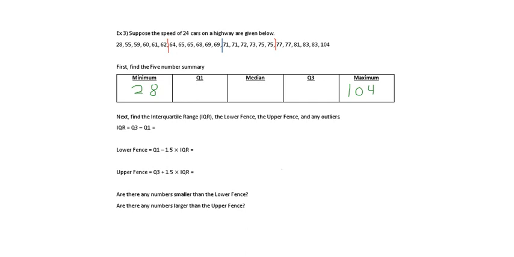Well, let's do the median first. For the median, first we'll do 69 plus 71, which is equal to 140. And then do 140 divided by 2, which is equal to 70. So that means the median speed is 70 miles an hour. All right, let's do Q1.